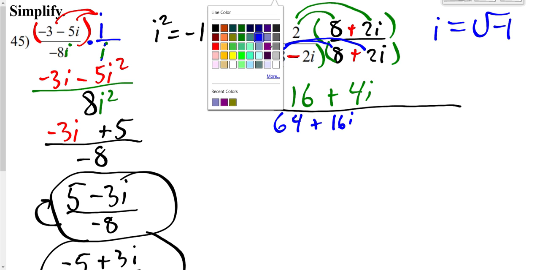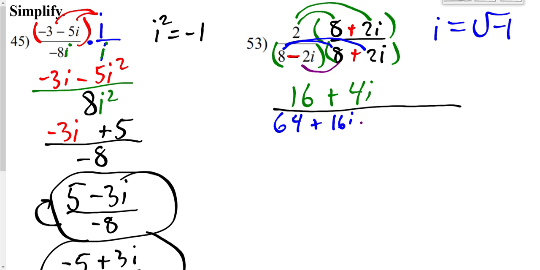And then I can go ahead and take my negative 2i times the 8, it's negative 16i. Negative 2i times positive 2i is a negative 4, and then an i squared.